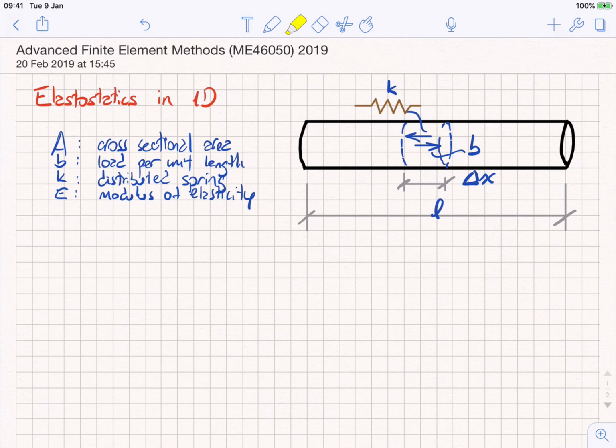So if you see the bar element, you have your cross-sectional area. This doesn't have to be constant throughout the bar, so we are not going to assume that it's constant. You have a load per unit length. We call that b. Just to be consistent later on when we go to higher dimensions, we call this a body force. You have a distributed spring, so you can assume that this bar is restricted laterally by some spring that is distributed along the length.